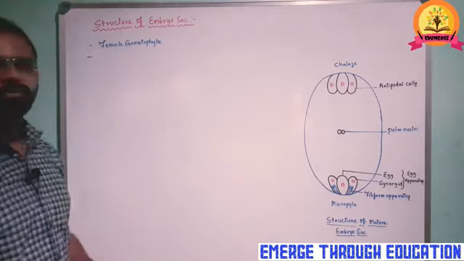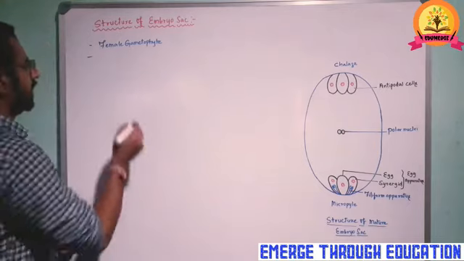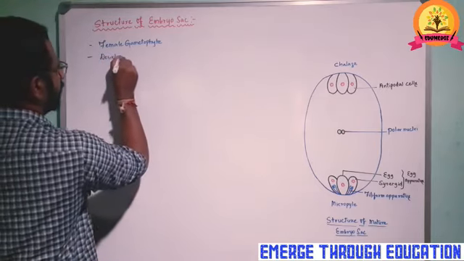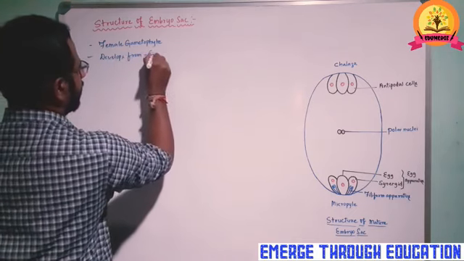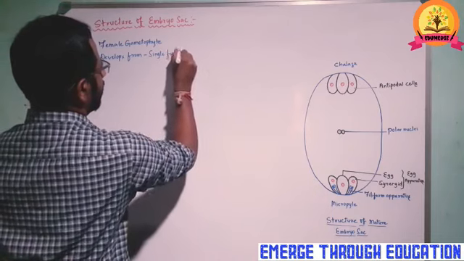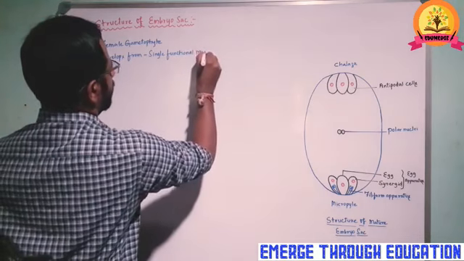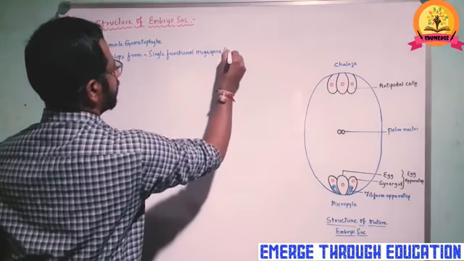This female gametophyte is developed from one functional megaspore, a single functional megaspore, and it is haploid in nature.